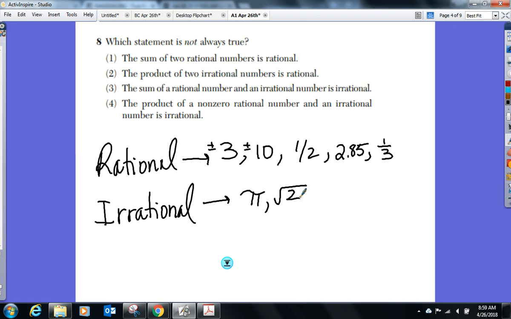All right, so if I add 2 rational numbers together, do I always give a rational number back? Is that always true? Why are you shaking your head? Give me an example then.